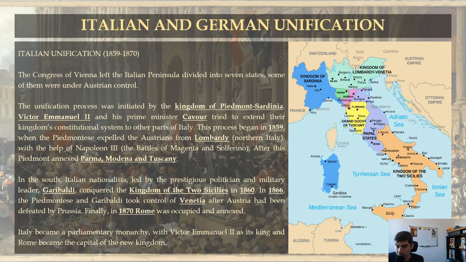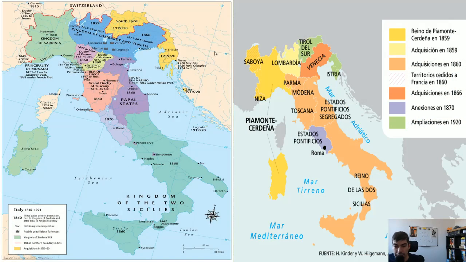Let's see it here like this. Here in this map you have the dates in which the territories were conquered. Here you have a map in Spanish because I couldn't find a better map in English. They started here in these yellow territories.